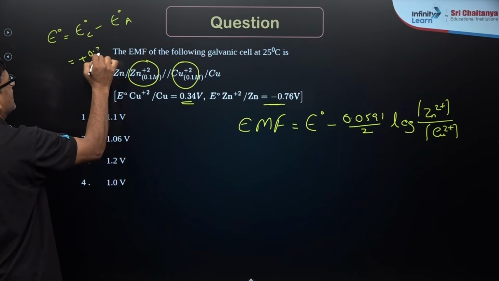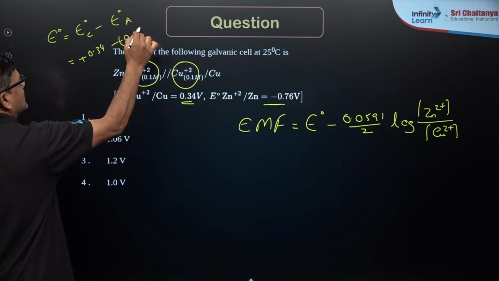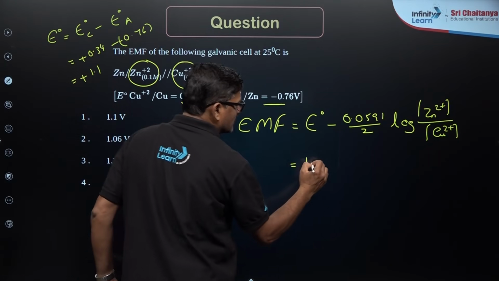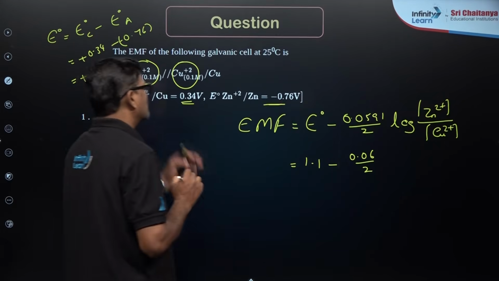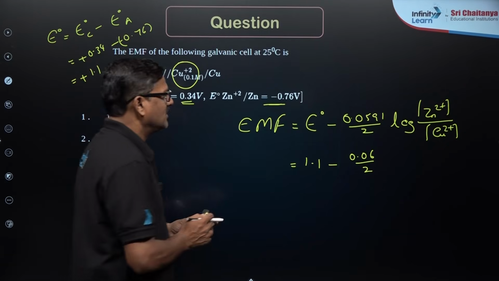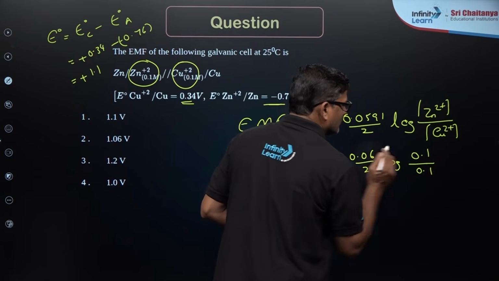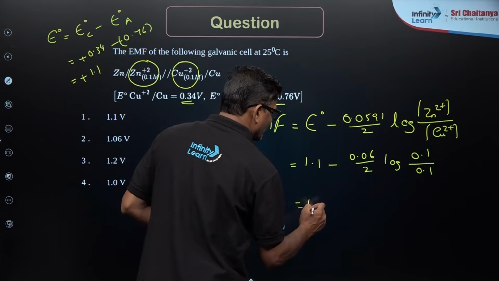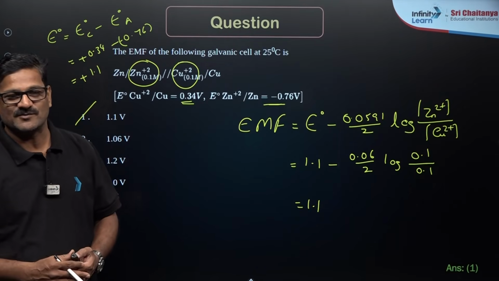It is going to be plus 0.34, it is given, minus minus 0.76, which comes to be positive 1.1. That is 1.1 minus 0.06 by 2, because 2 electrons are involved, 0.0591 you can take as 0.06, and the log of 0.1 by 0.1. So log 1 is equal to 0. So it is going to be 1.1. Option 1 is the correct answer for this question.